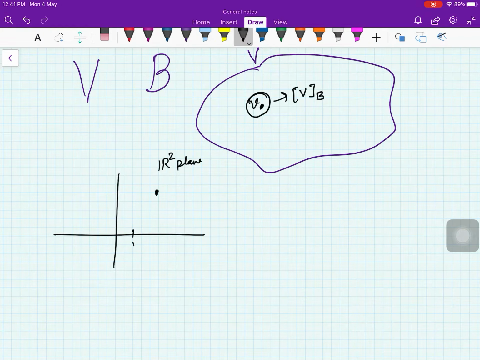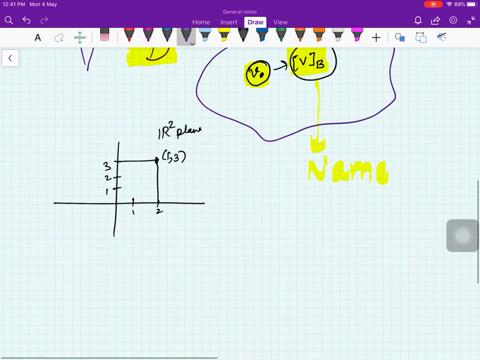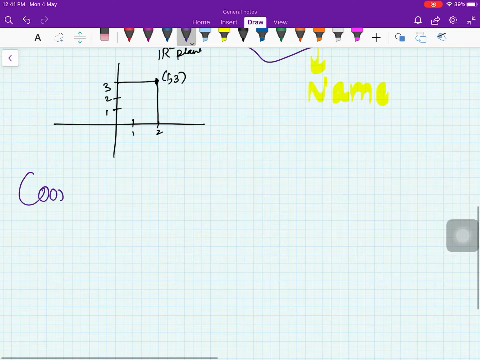If you call this point 1 comma 2, then this point has the name 1 comma 3. Similarly, this is a kind of name of vector V in the basis B, right? Is that clear?